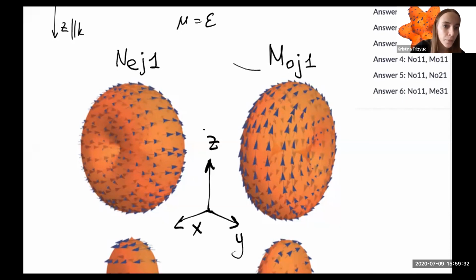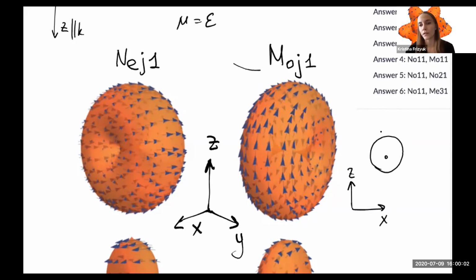Question? How do you decide if the dipole is electric or magnetic? So let us look at these two guys. Look at the arrows carefully because they have similar radiation patterns, but here in the X, Z plane, arrows are just like this.